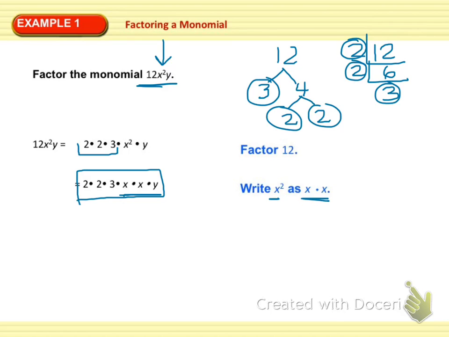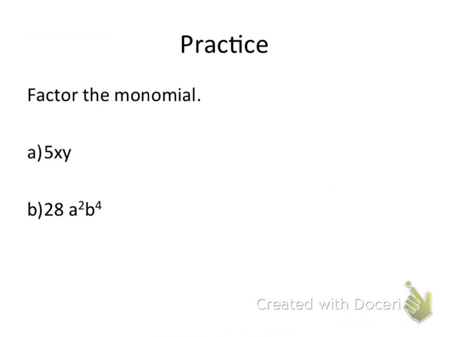So let's try a couple. Factor these monomials. Break them up into their tiniest little parts. Looking at the first one, the number 5 is prime, so this breaks up into its smallest parts by just saying 5 times x times y. That is the factored monomial.